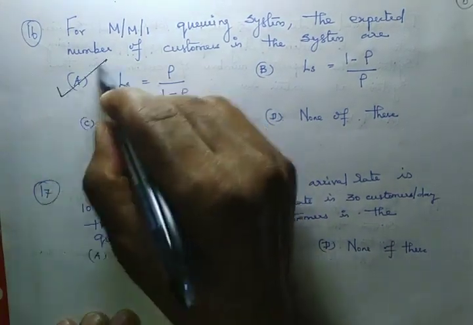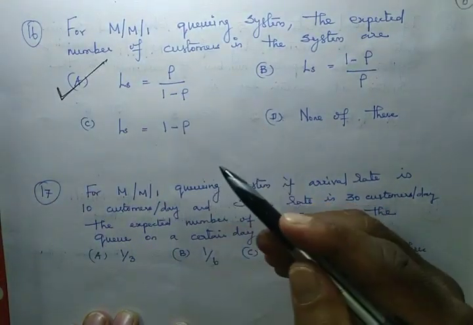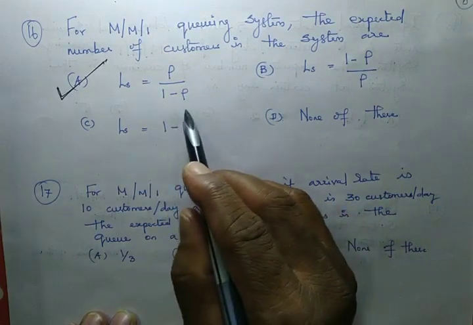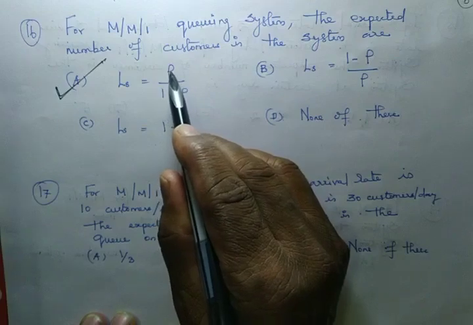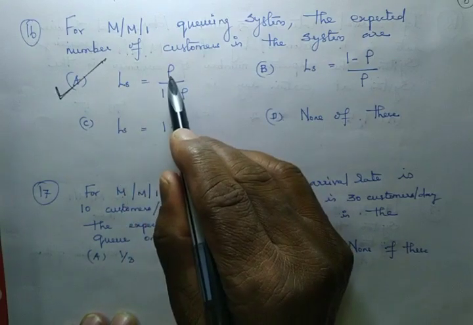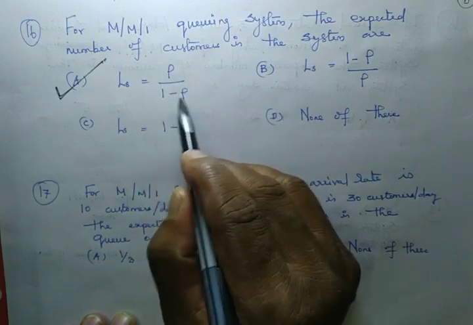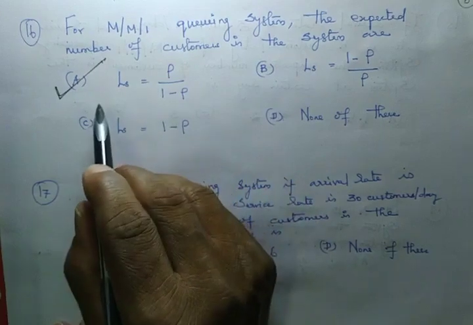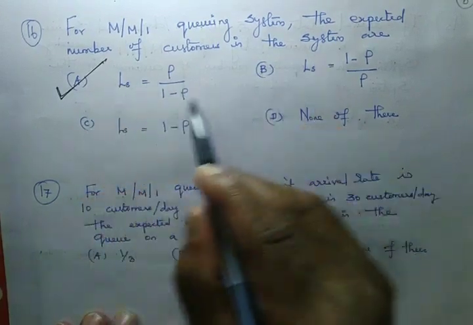This is the right option. Rho is the traffic intensity. First you find the traffic intensity, then the traffic intensity divided by 1 minus the traffic intensity gives LS, the number of customers in the system.